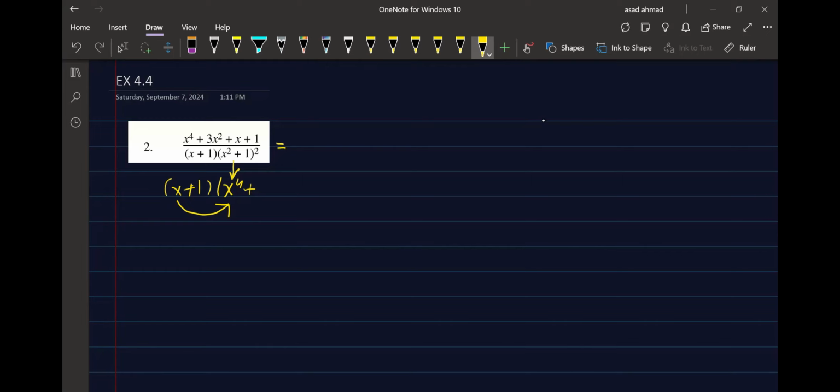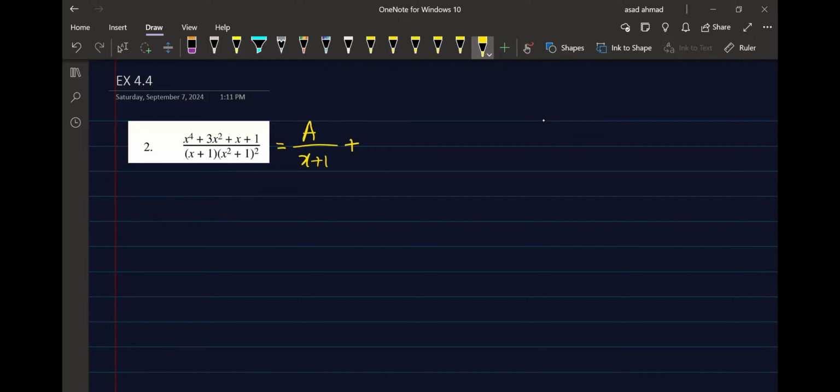So we will start the partial fractions. For that purpose, we will begin with the linear part's partial fraction. Whenever a linear term is involved, we write a single alphabet like a over x plus 1.